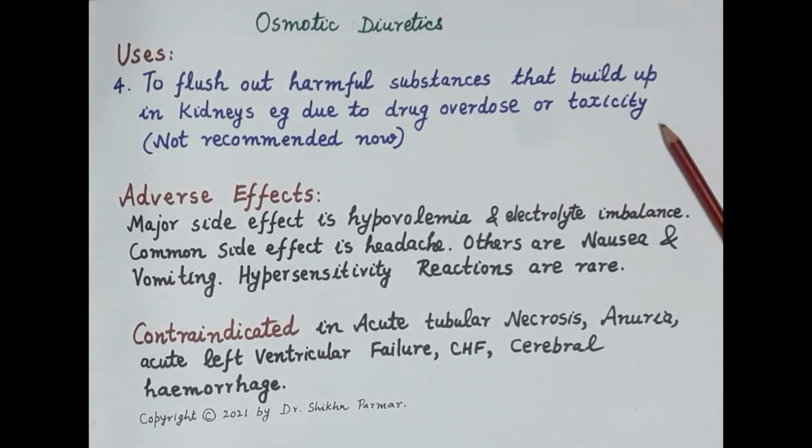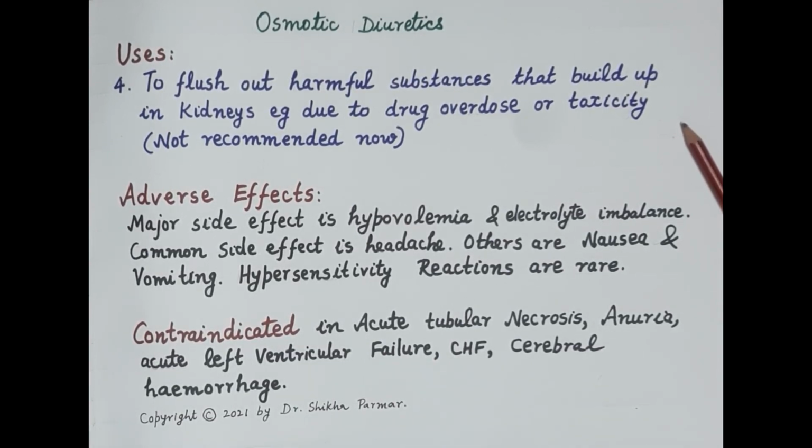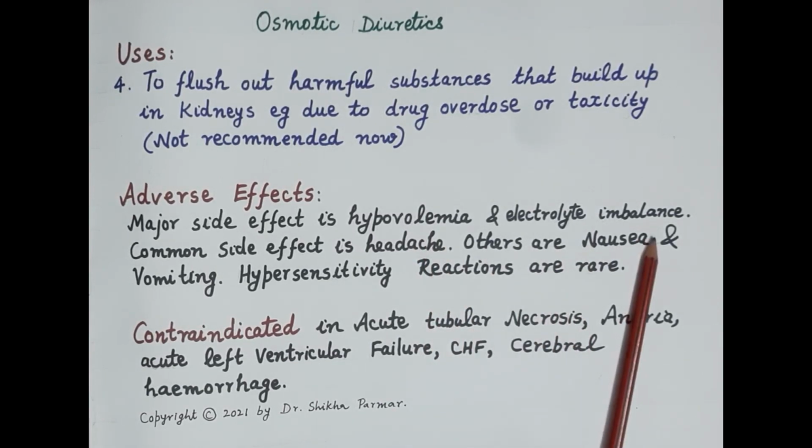Earlier, osmotic diuretics were used to flush out harmful substances that build up in the kidneys, for example due to drug overuse or drug toxicity. However, this use of osmotic diuretics is not recommended now. Major side effects of osmotic diuretics are hypovolemia, then electrolyte imbalance.